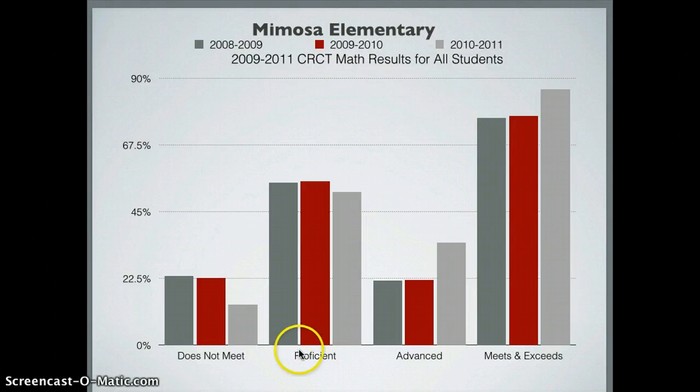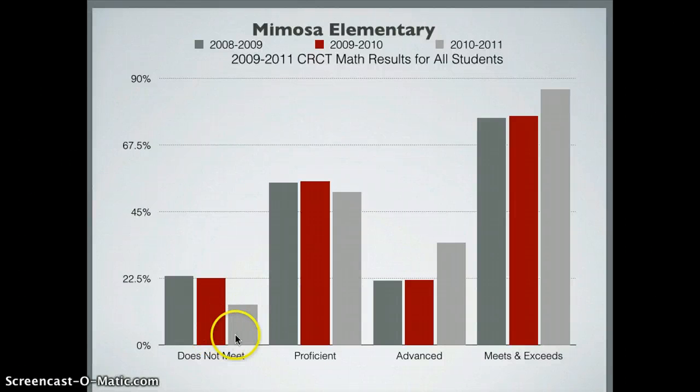So our proficient levels have gone down in the most recent year. Here, if you look at the advanced, we have pretty much maintained the same until the last year. We've shot up quite a big amount. So that's good news that we have more students who are achieving in advanced.